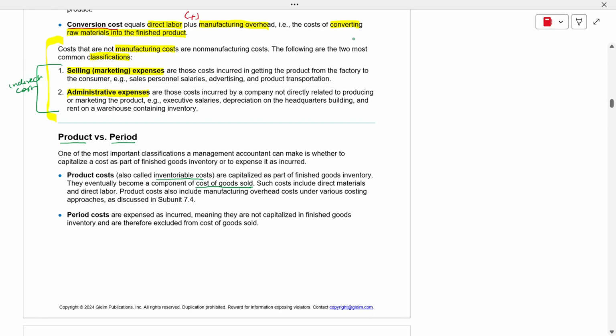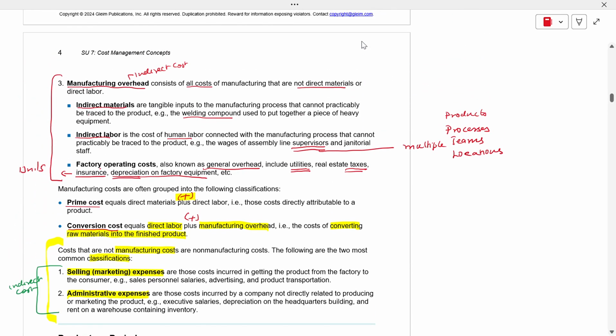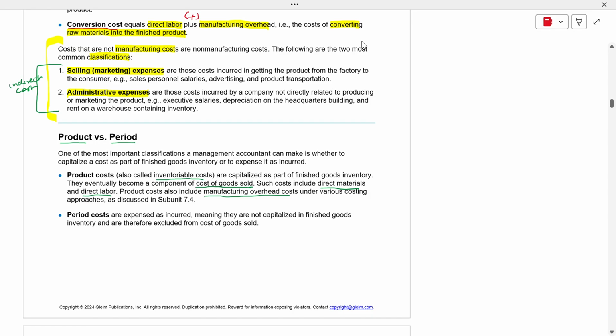What does product cost consist of? Product cost consists of direct material and direct labor. Product cost also includes the manufacturing overhead cost. What is the manufacturing overhead cost? Manufacturing overhead cost is indirect material, indirect labor, and factory operating cost.